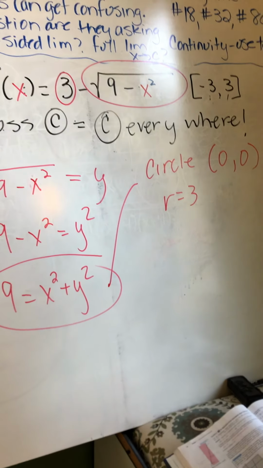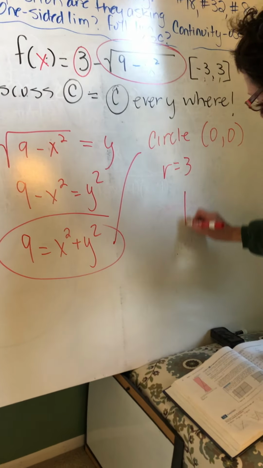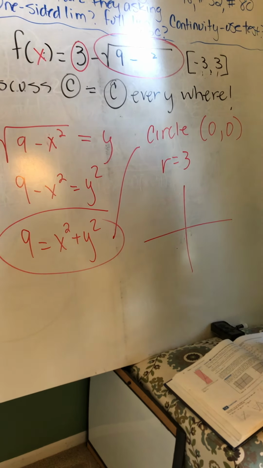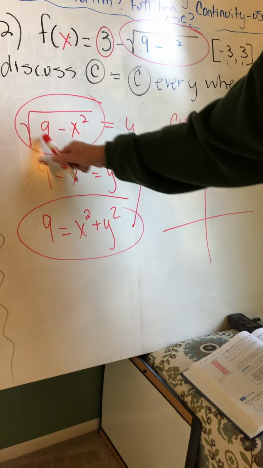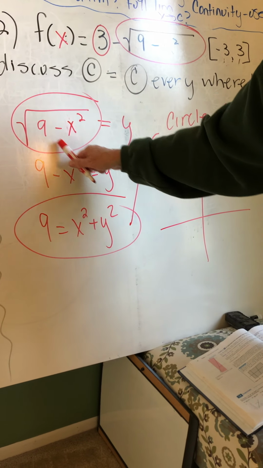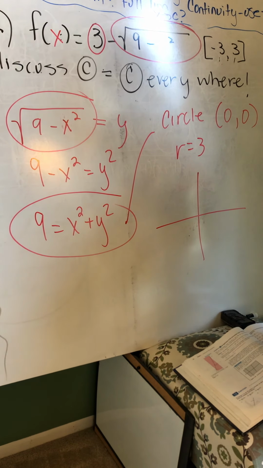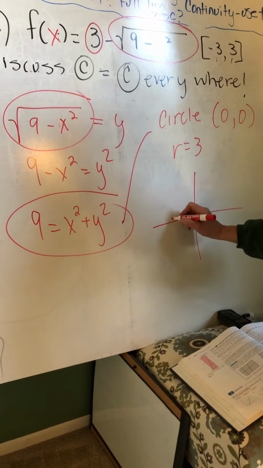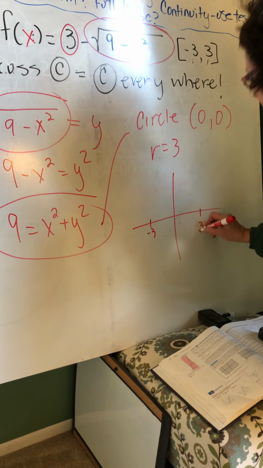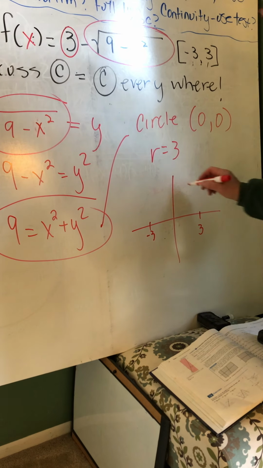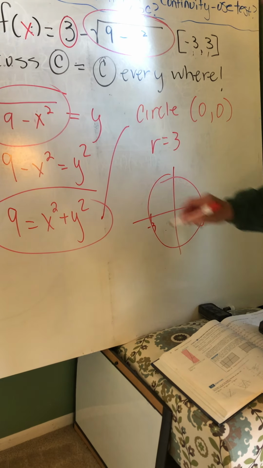But let's take a look at this. First of all, the square root of 9 minus x squared, notice that this expression can only output a positive value. So let's take a look here. Remember, we were stuck in between -3 and 3 here, right? We said this is a circle with radius 3.